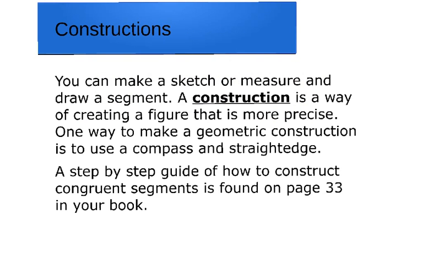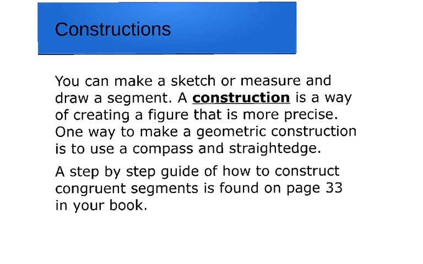Here we have the definition of construction. First, you can make a sketch or measure and draw a segment, but these 2 things are not exact. You're not going to necessarily get the exact replica of one segment and another segment.